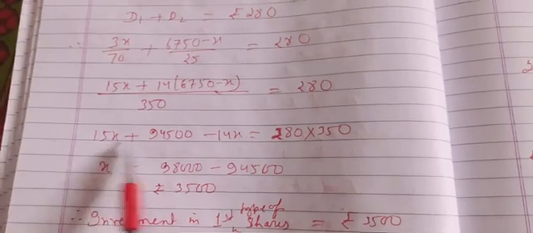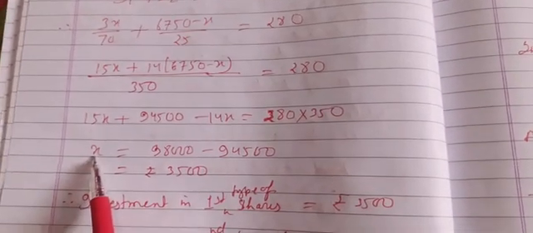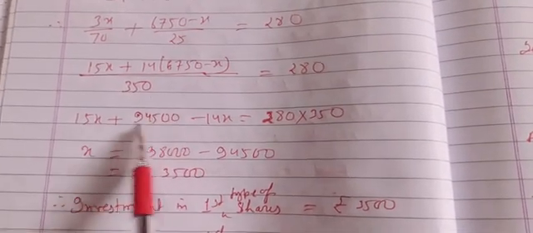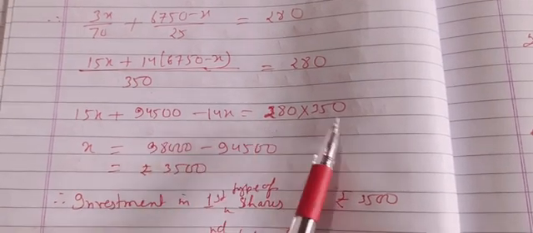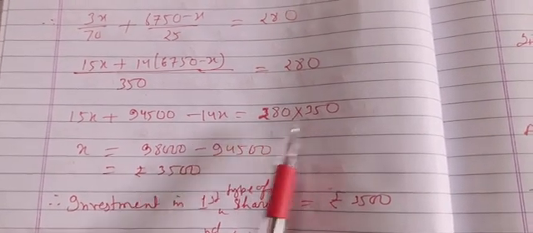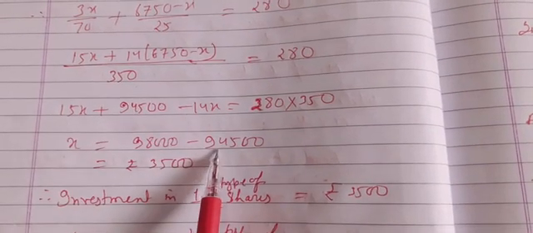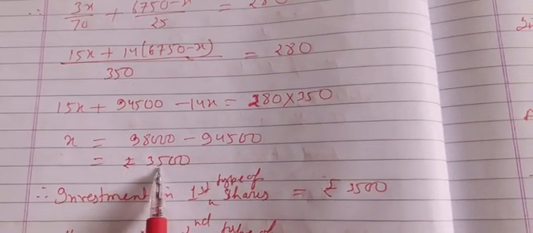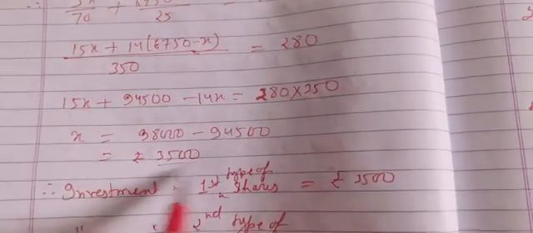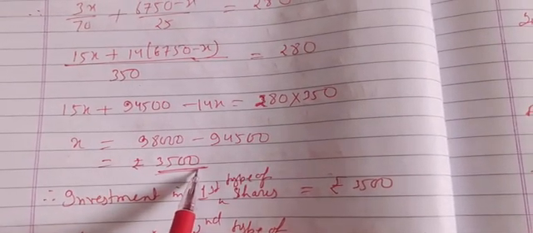Now 15x minus 14x is x, and this 94,500 goes to the right-hand side. When you multiply 280 into 350 you get 98,000. So 98,000 minus 94,500 is rupees 3,500. It means this amount will be invested in the first share.